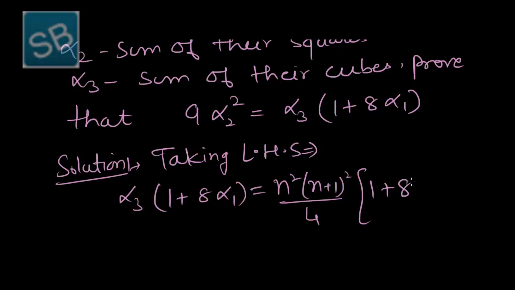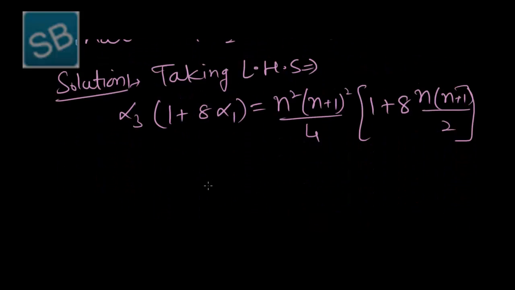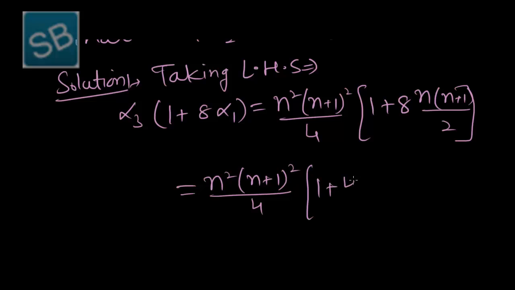And alpha 1 is the sum of n natural numbers, that is n into (n plus 1) over 2. So we will solve this bracket. We get n square (n plus 1) whole square over 4 into (1 plus 4 times n into (n plus 1)).